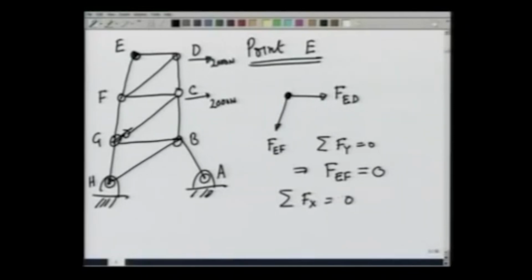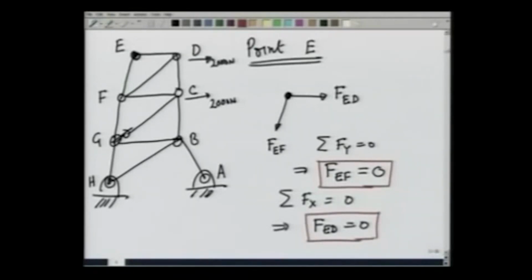If FEF is 0, then summation Fx equals 0 again implies that FED is 0. So starting from point E, I get two answers right away, that the forces in the members FEF and FED are 0. This force is 0, this force is 0.